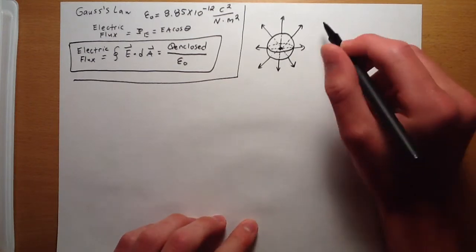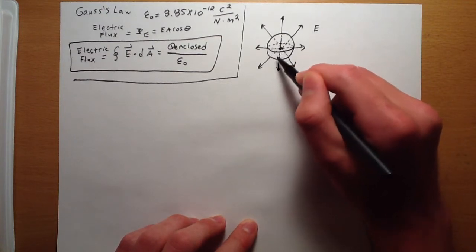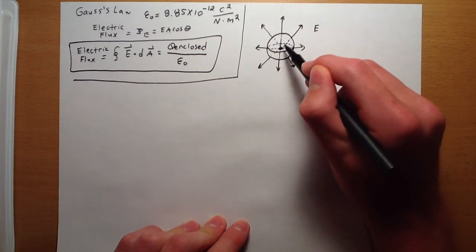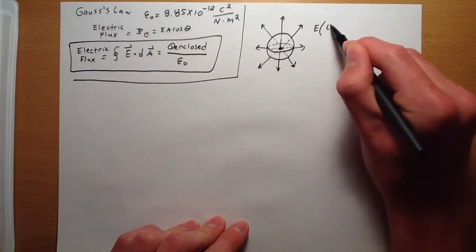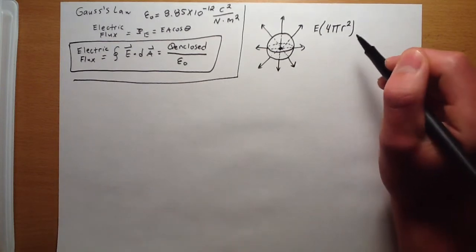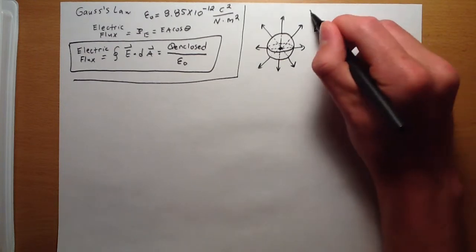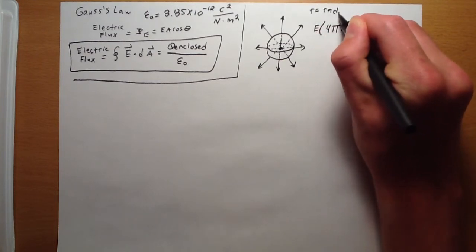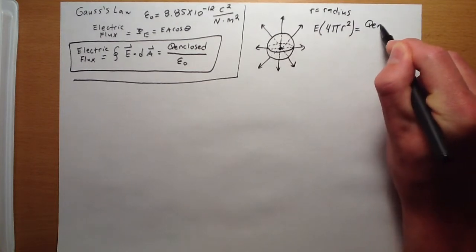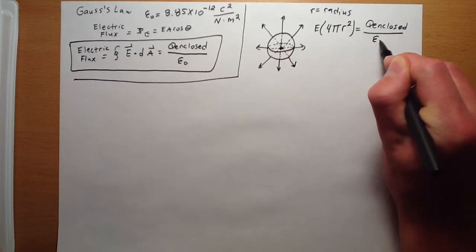So we can apply the equation E, the electric field, which is constant along the surface because everywhere along the surface is equidistant from the charge, times 4 pi r squared. 4 pi r squared is the surface area equation for a sphere. R, we know, is radius. And this is equal to the charge enclosed within the sphere over sigma naught.